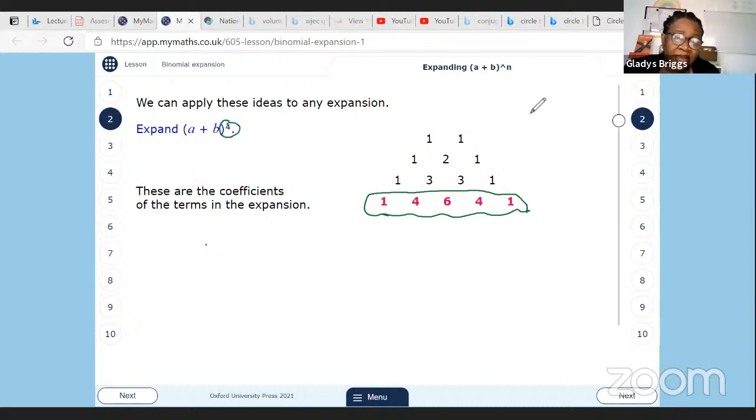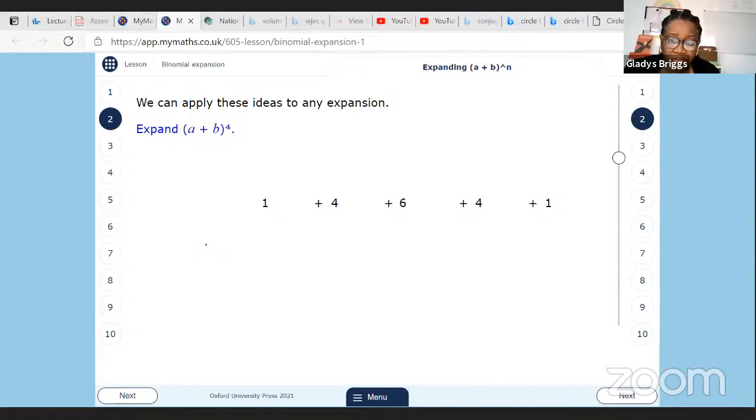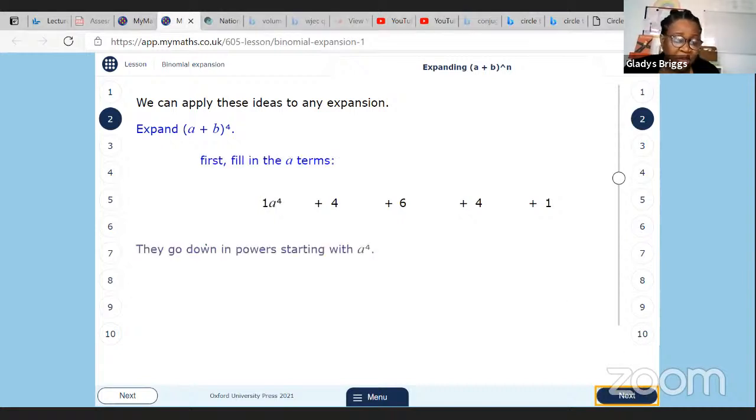Once we've done that, we can start the expansion. We have 1a to the power of 4 plus 4a cubed, yeah? But we have b as well, so we look at how b is going to come in.